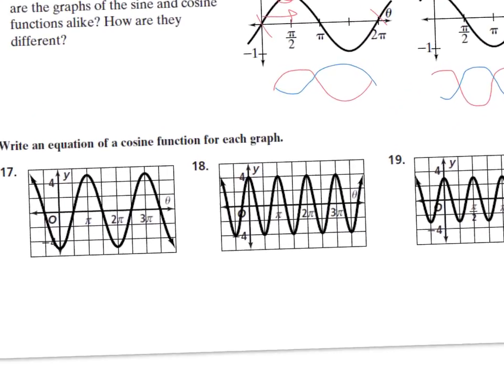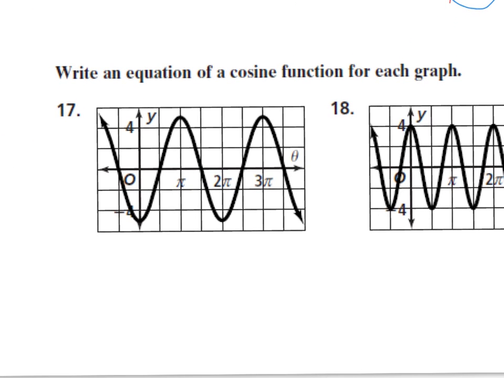So to write an equation, what I want to do is use the form y equals a cosine of bx, where 2 pi divided by b equals the period. So first I can see on this function that the minimum is -5 and it's going up to 5, so the amplitude is 5.